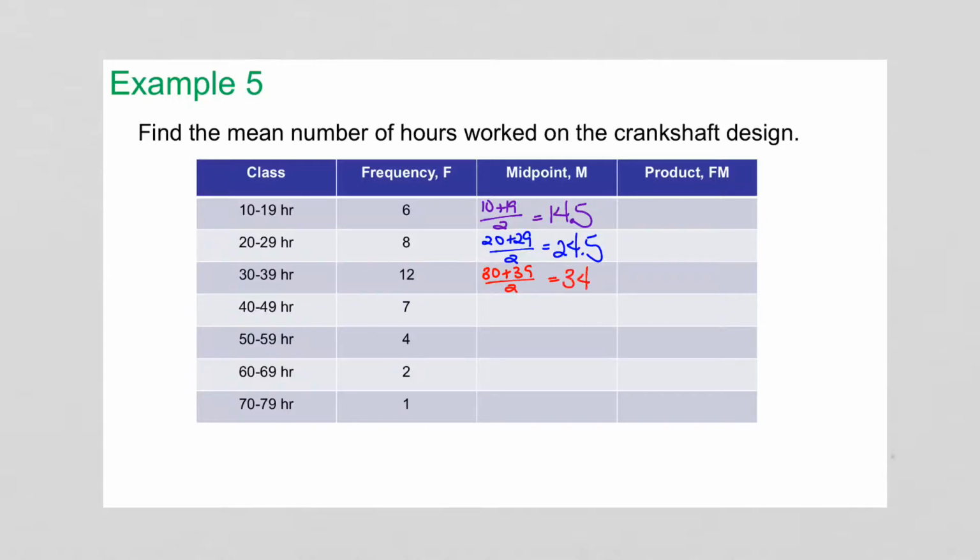Get 34.5. You might be starting to see a pattern here. 40 plus 49 divided by 2 is 44.5. And so the next one would be 54.5, 64.5, and 74.5. Okay?